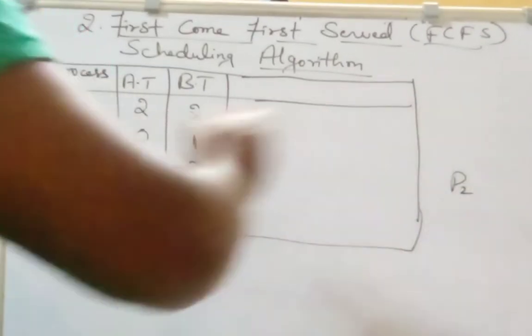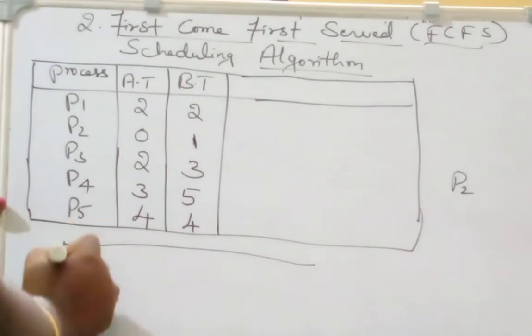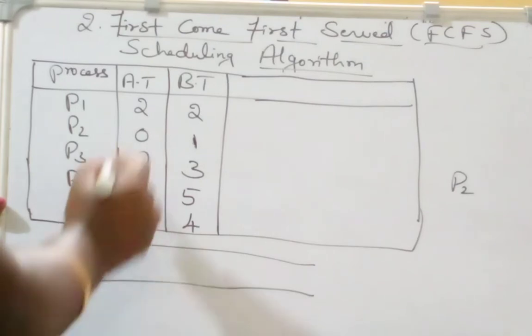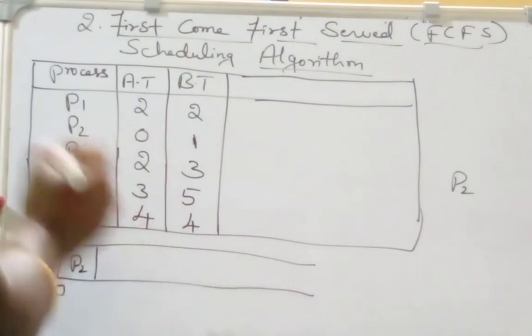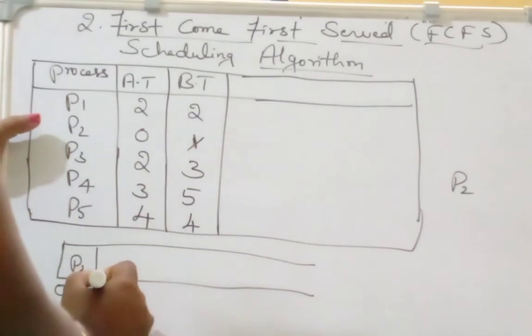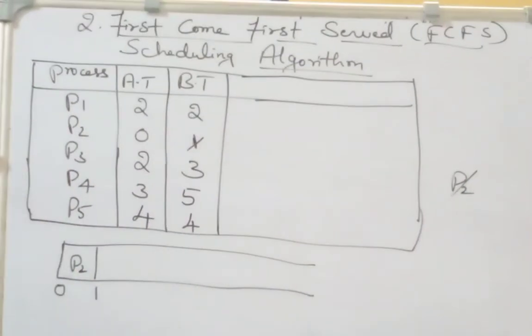P2 arrived first into the ready queue, so we represent it in the form of a Gantt chart. At time interval 0, the first process available was P2. P2 executes for 1 millisecond and completes its execution because its burst time is 1 millisecond.